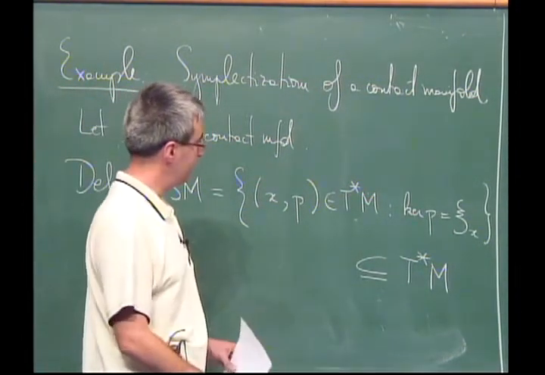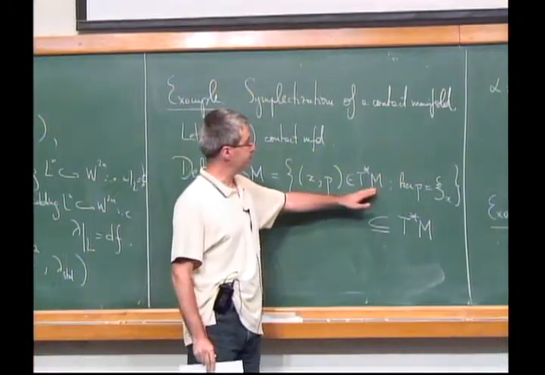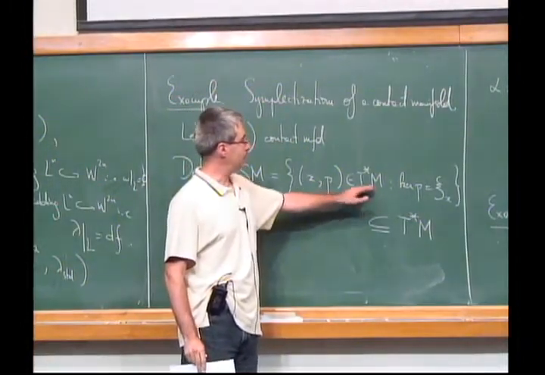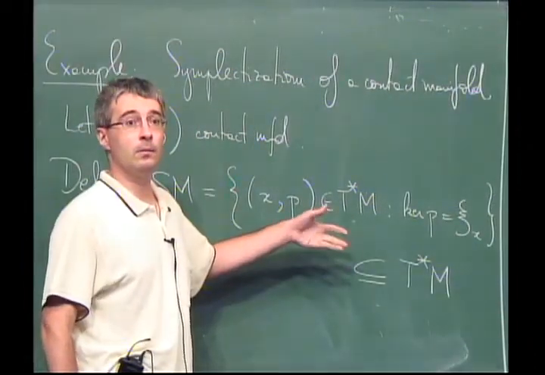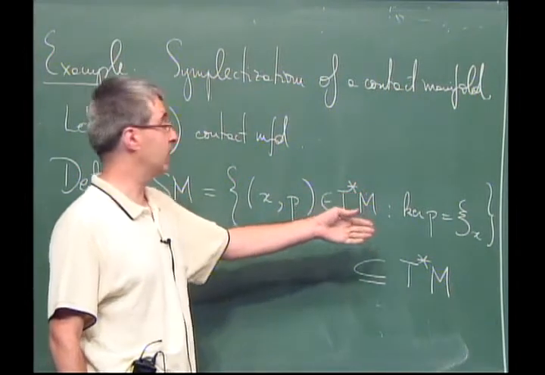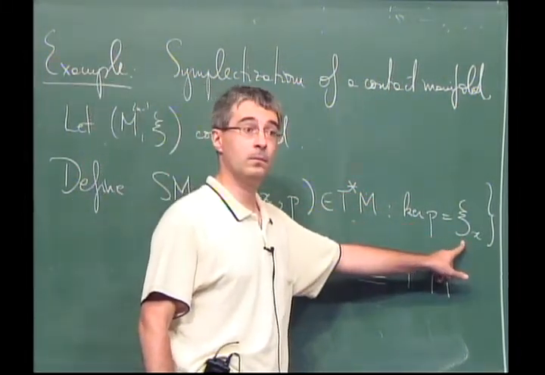Right. So I have a hyperplane distribution in M, and p is a covector, so it's a one form at that point, and I can consider all those which vanish on xi.